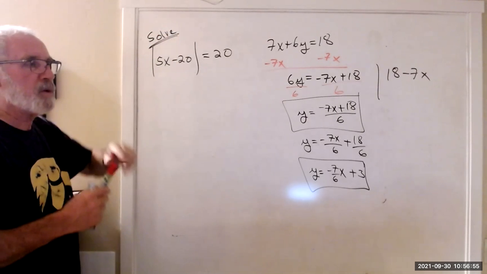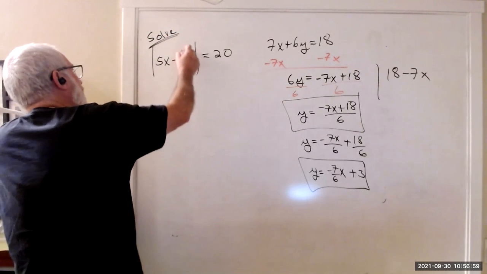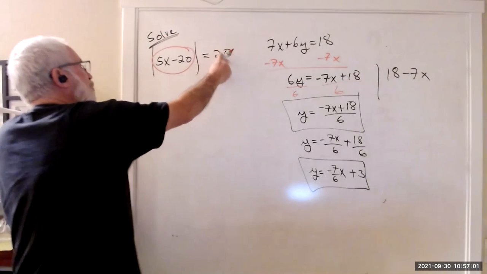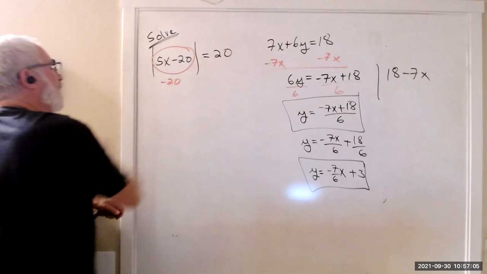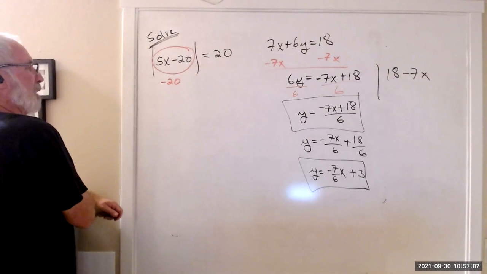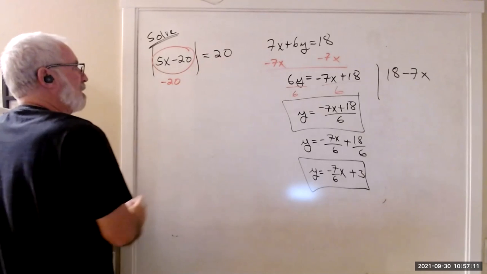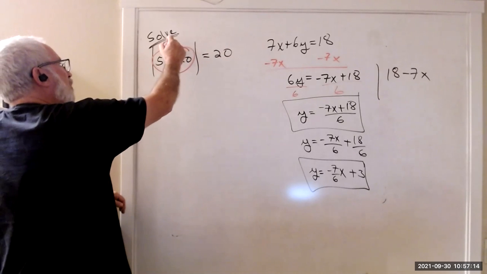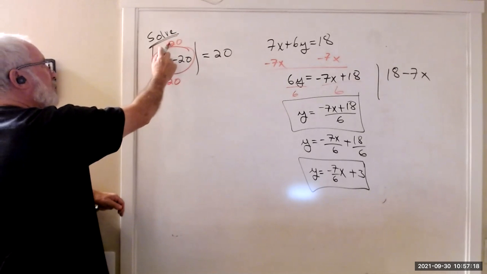Okay, then we separate it. If the answer is 20, then inside could have been worth negative 20, because the absolute value of negative 20 is 20. But the inside could have also been worth 20, because the absolute value of 20 is 20.